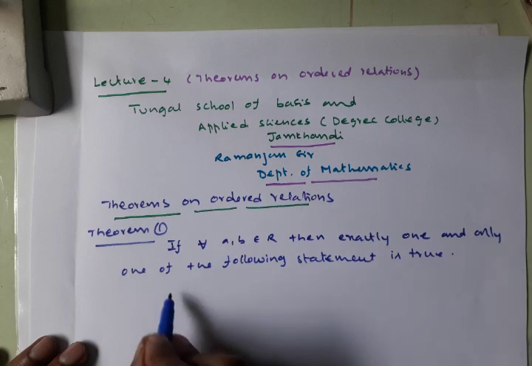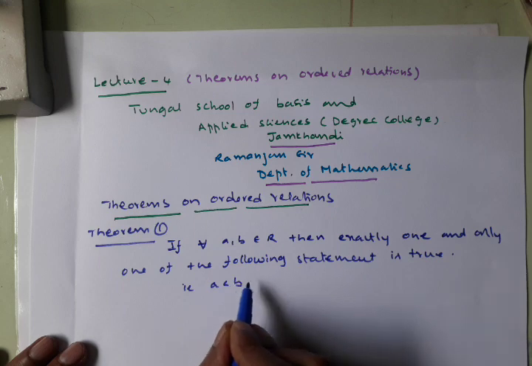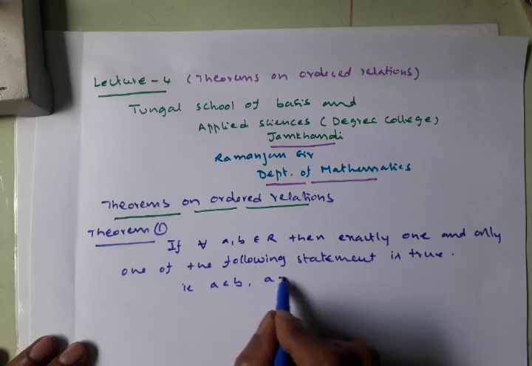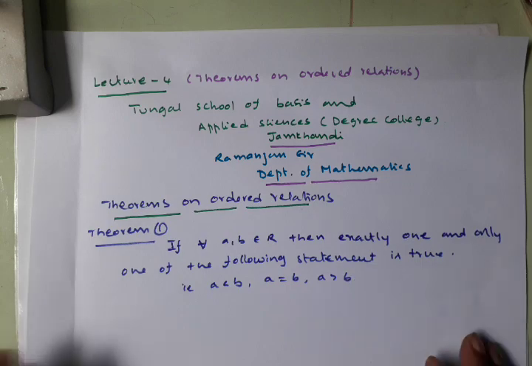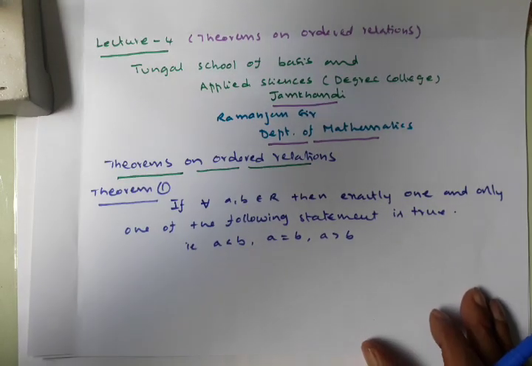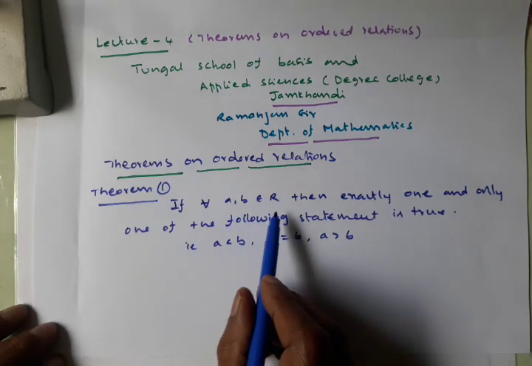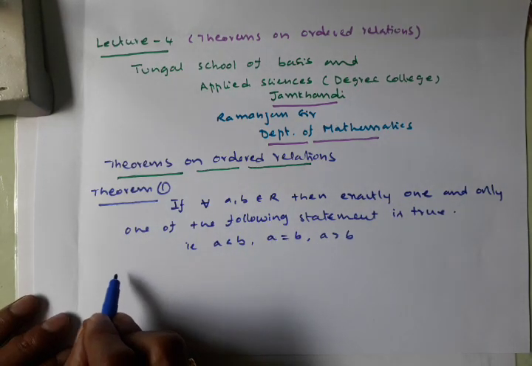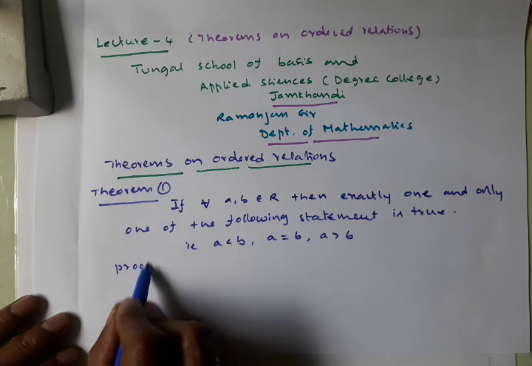That is, A is less than B, or A is equal to B, or A is greater than B. So only one statement is true when the two elements belong to R. Let us see the proof for this theorem.